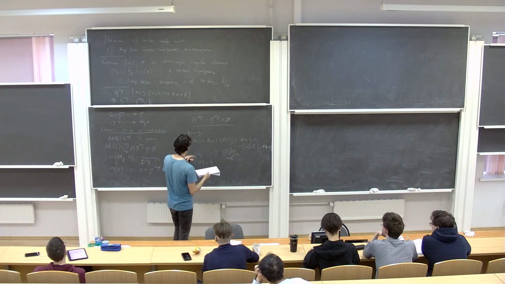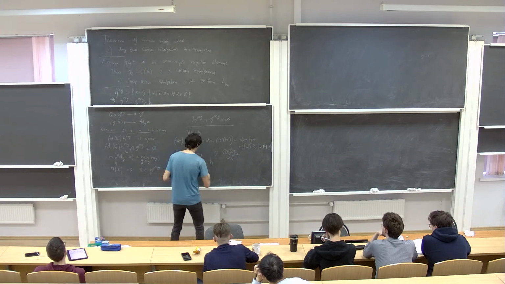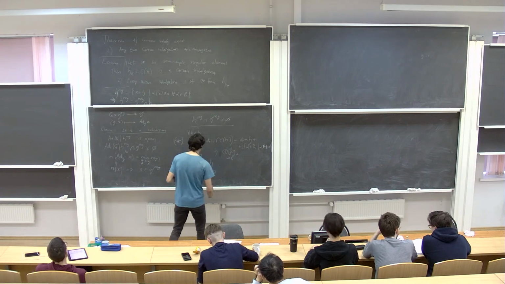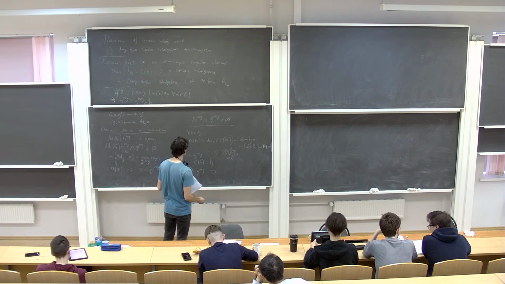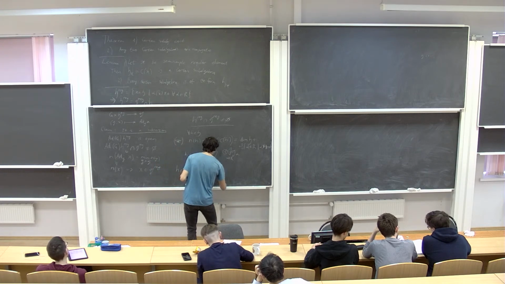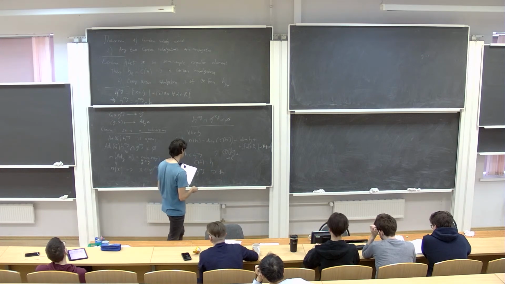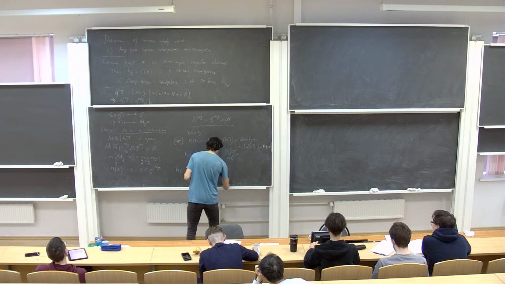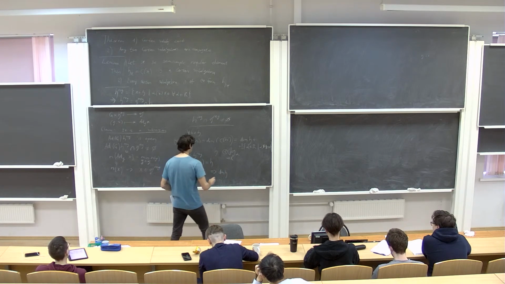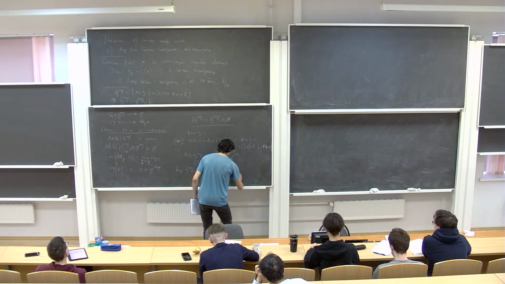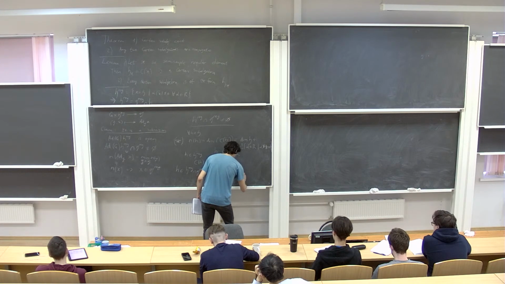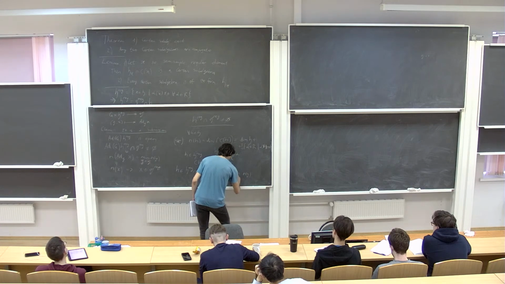Then I'm using this, and I would like to say then that the dimension of H is the minimal possible nullity in G.